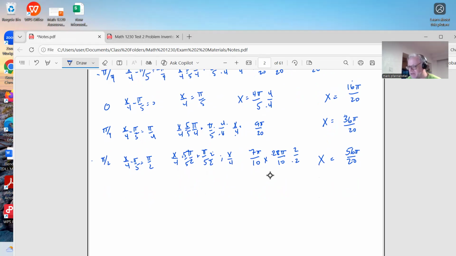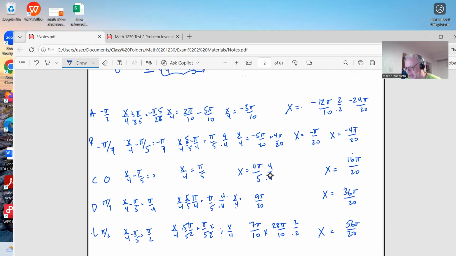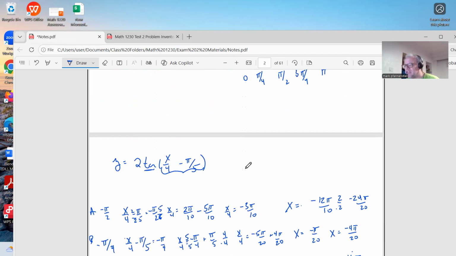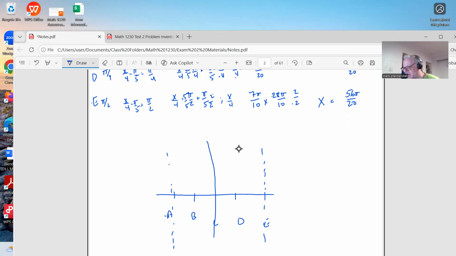We'll go back over here. We'll label the points A, B, C, D, E. We'll go up here just to double check. We have an amplitude of 2. So we have point A, point B, point C, point D, and point E. I know that point E and point A are my asymptotes because that's what we set them up to be.